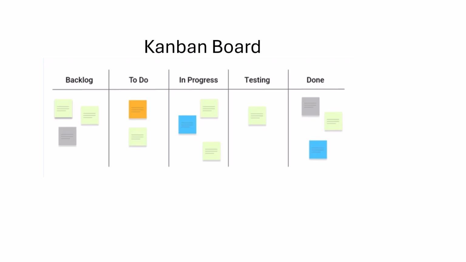There are phases that each requirement goes through, and we define those phases. The first one is called To Do. Each column is a phase in the process. The requirement goes from backlog to To Do.